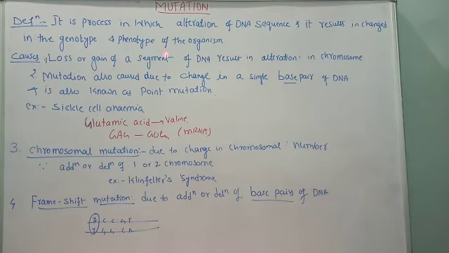The mutation causing agent is called a mutagen. There may be several types: physical, chemical, biological. We are not going to talk about all those, so we will stop here. That is all on the types of mutation.